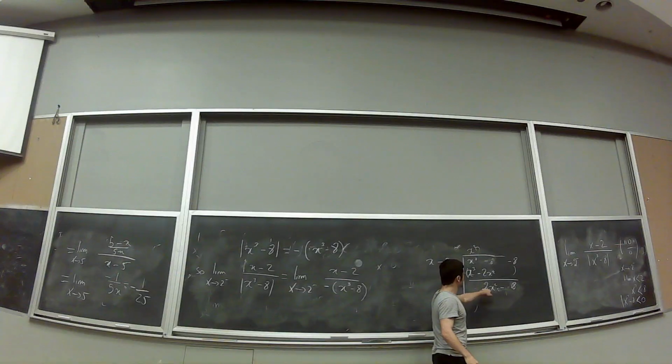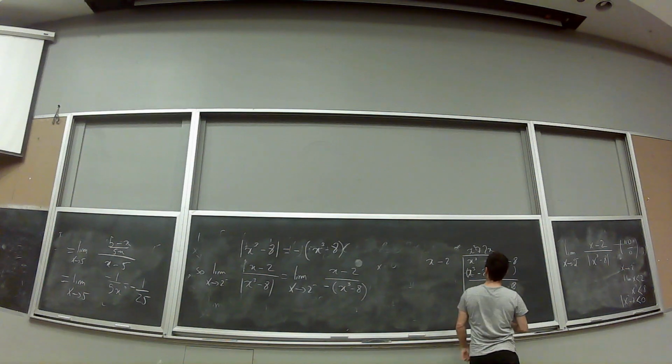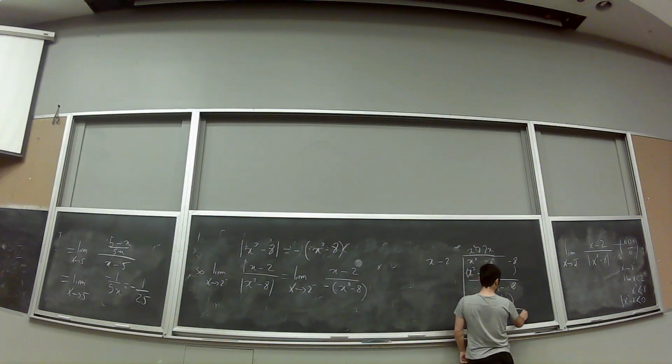Now, what do you have to multiply x by to get rid of the 2x squared? 2x, right? So you get 2x squared minus 4x. And then you get 4x minus 8.